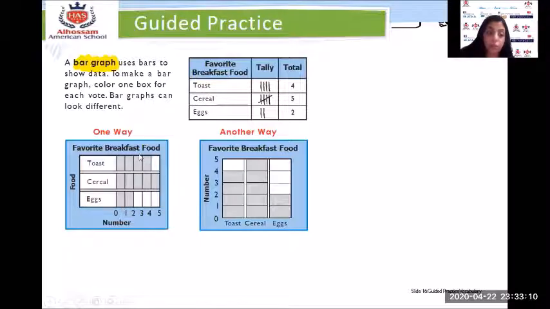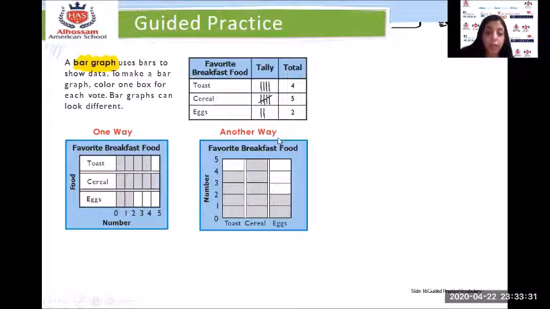And I can choose based on the number of votes here, right? So toast 1, 2, 3, 4, as it's shown in the tallies. Then cereal in row number 2, 1, 2, 3, 4, 5 as the number of the tallies here, and then eggs.